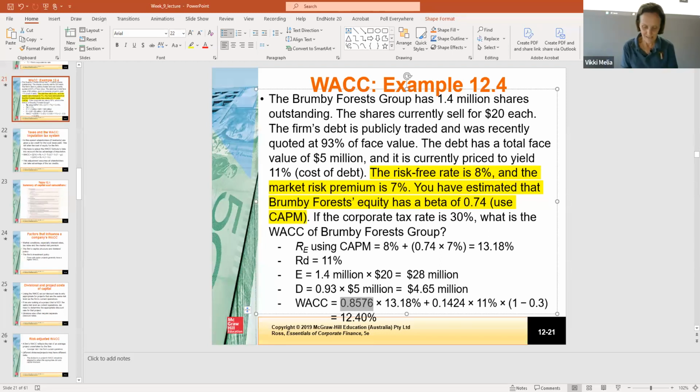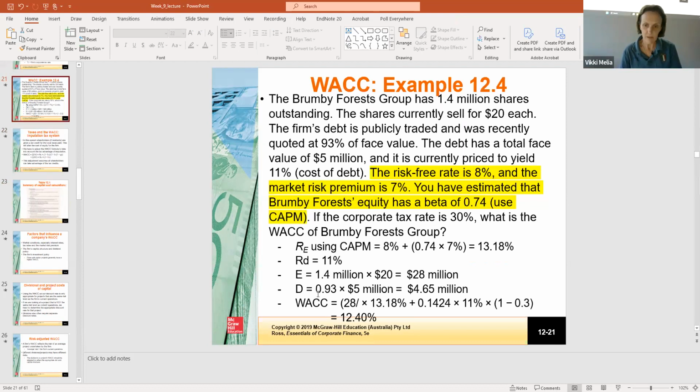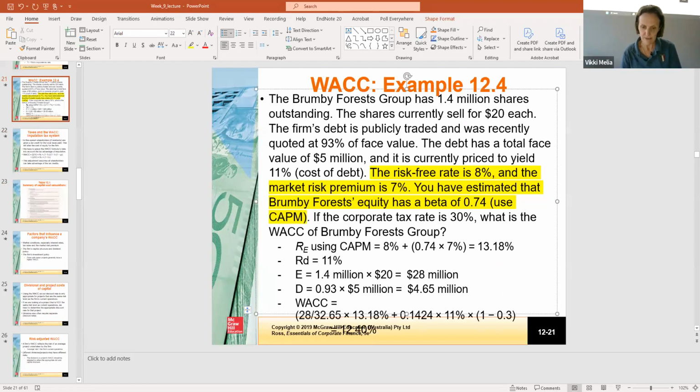So these weightings that are here, let's just change them. So it's E over V. So 28 million is the market value of equity, and V is E plus D. So 28 over 32.65.